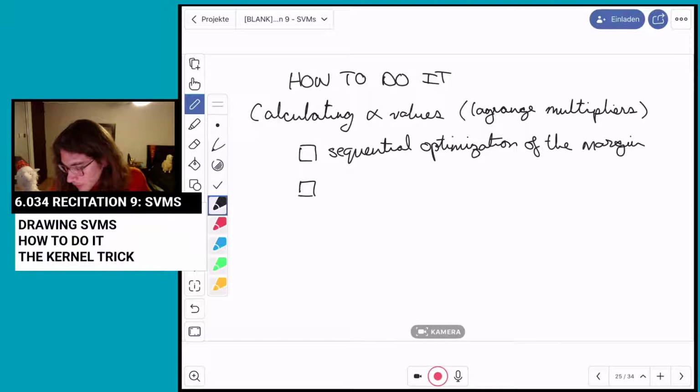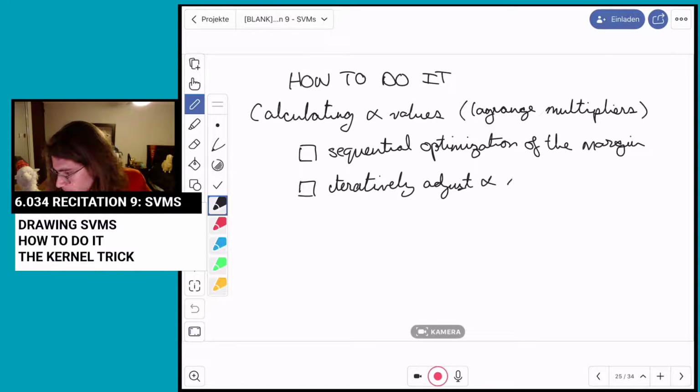So by sequential, I mean we iteratively adjust alpha for each point to maximize the margin.